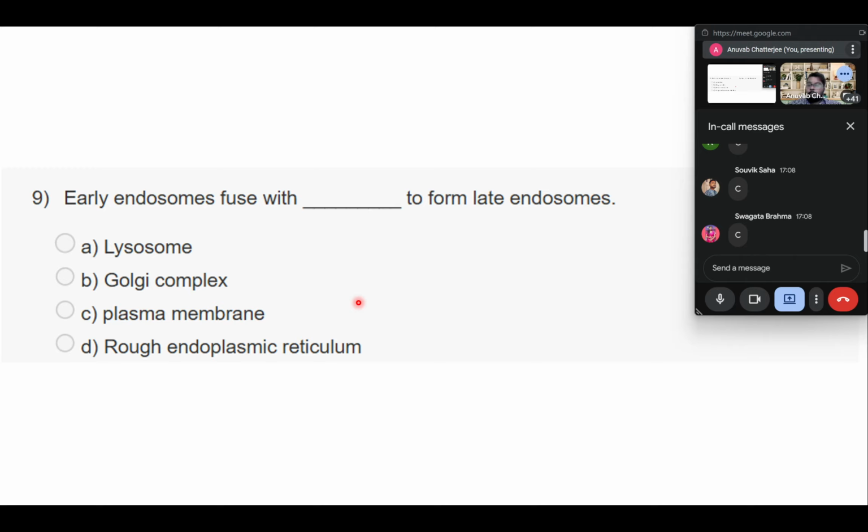Okay, next. Early endosomes fuse with blank to form late endosomes. The options are lysosomes, Golgi complex, plasma membrane, or rough endoplasmic reticulum. Okay, we have answers coming in.